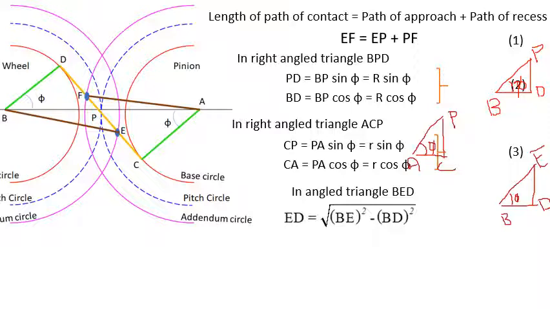So ED is equal to the root of the longest side BE square minus the other side BD square. BE is the addendum radius for this wheel, RA square. Then BD, if I consider the triangle BPD, it becomes the adjacent side, therefore R square cos square phi. Call this one as equation number 4.